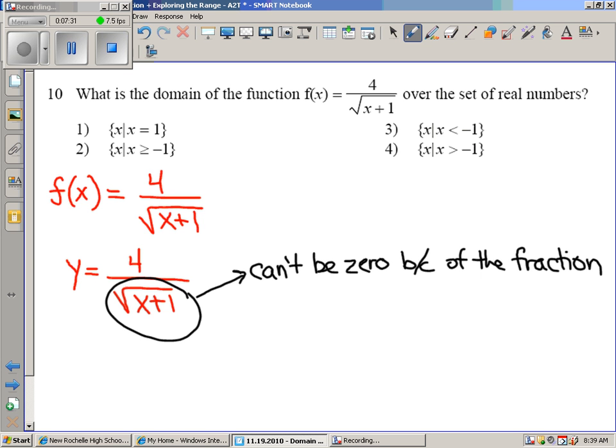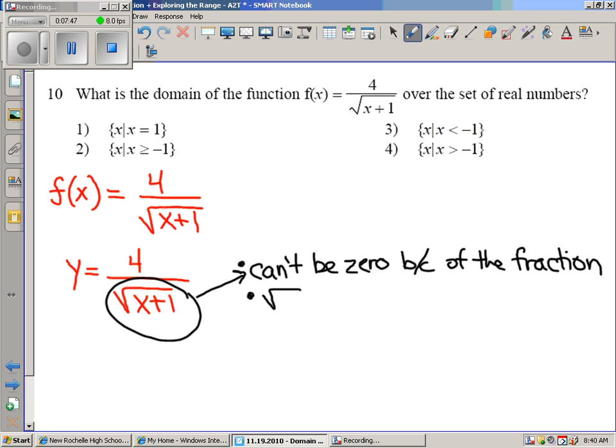But then we have one extra added restriction. What's the extra added restriction? The square root. Let me put my bullet points in. Square root. So not only can it not be 0, but it has to be what?